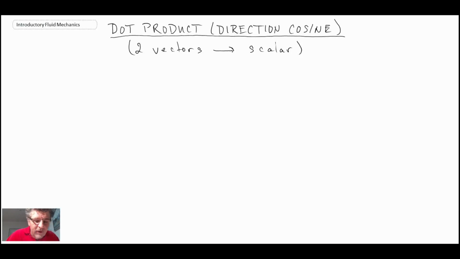So returning back to our two vectors, A and B, we would say A dot B. And we can express the dot product in the following way.